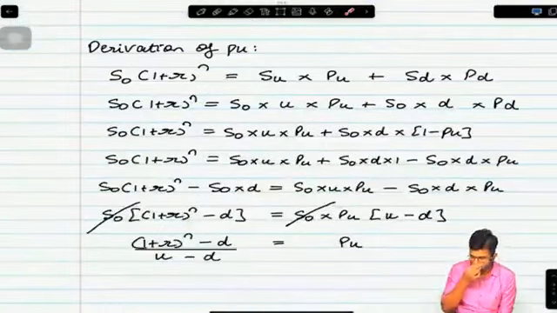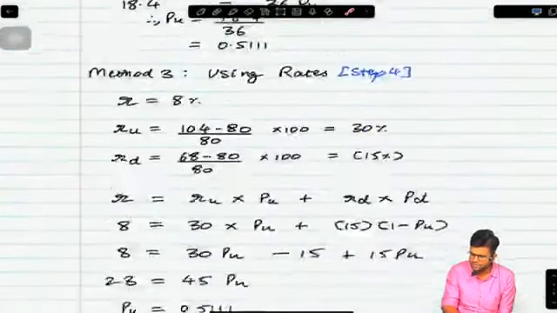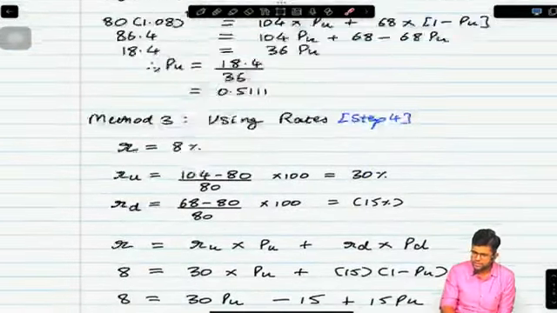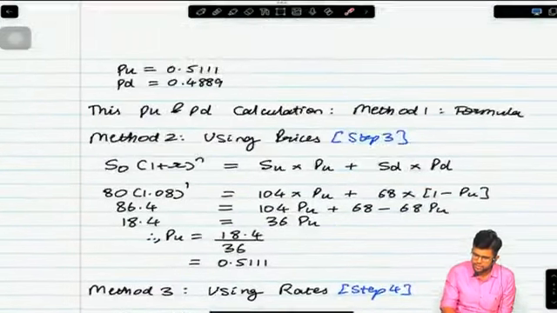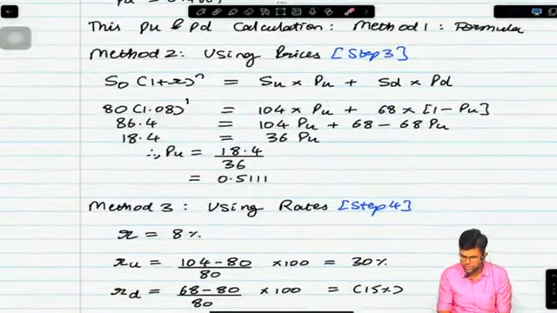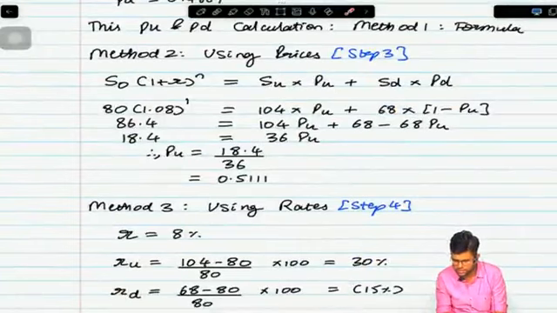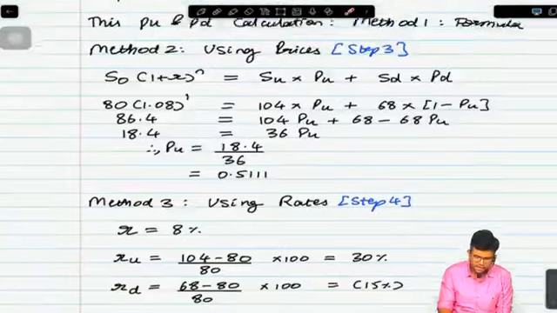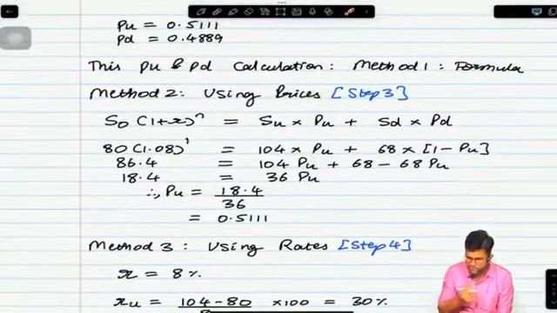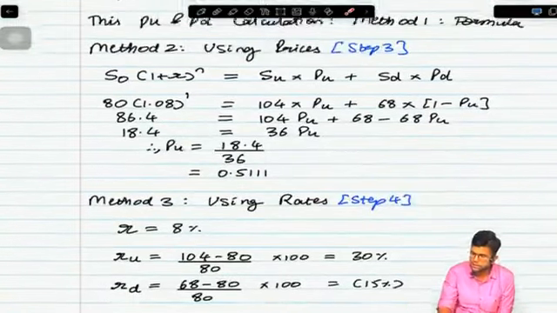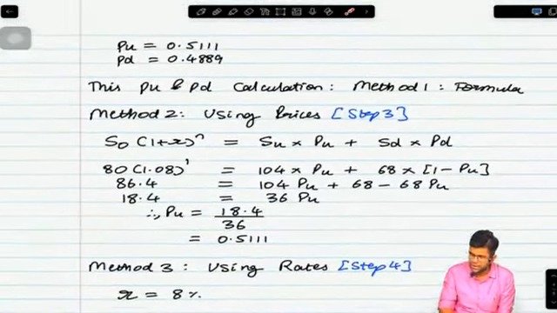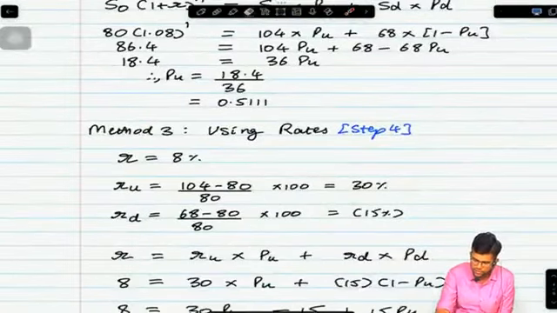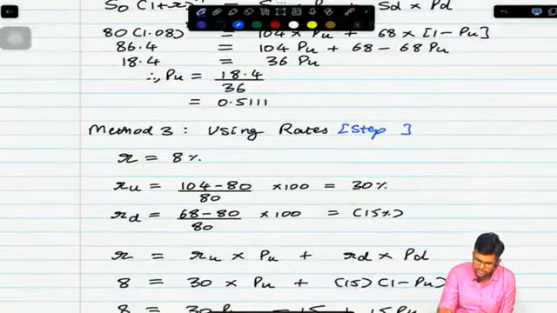Then this, I gave you some derivation on all this. Black part not required. Okay, students, one thing I just saw here. Yesterday in your notes, I gave you how to calculate PU and PD using prices and using rates. That was step 3, and by mistake I wrote step 4 here. Just rectify this.